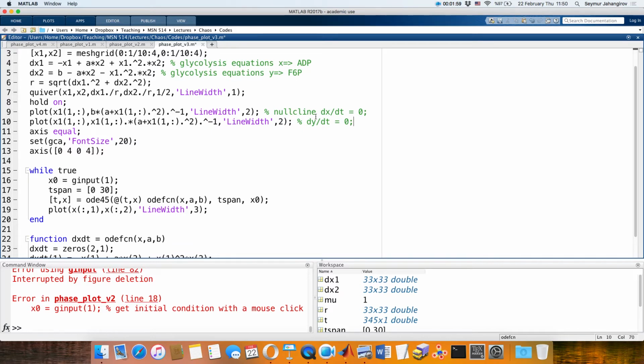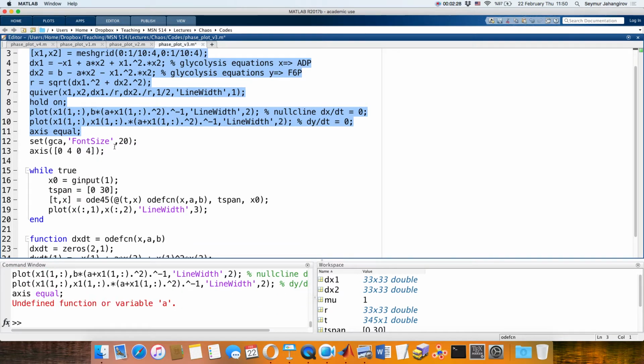Can you follow, everyone? No. Null-cline means that along that line there is no change in x. However, once you leave that line, you start changing x. In the same manner, this one is the other curve. Let's just plot these curves.